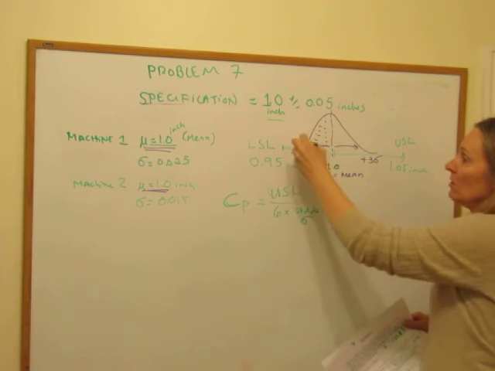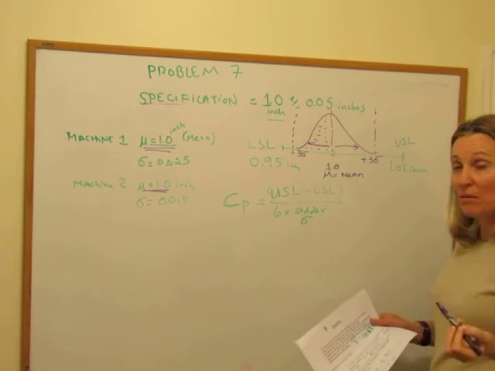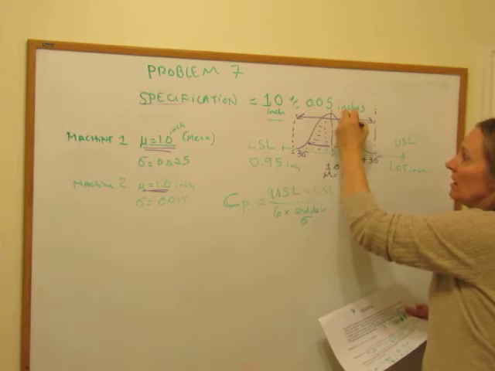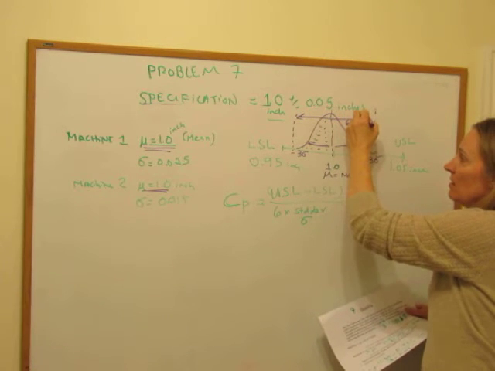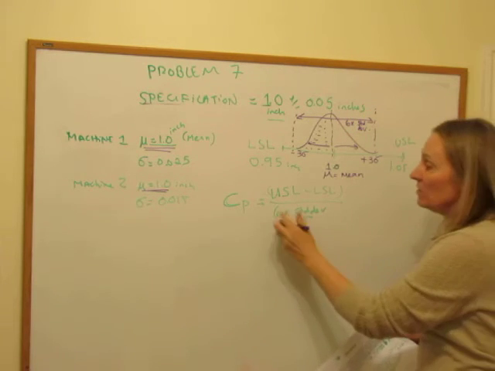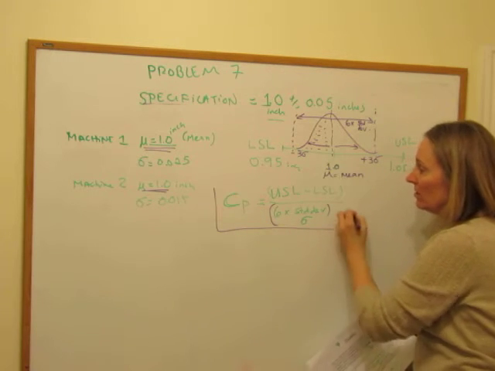So nearly 100% of the parts made by this process will fall within an interval that is 6 times that standard deviation of the process. That is what is the denominator of our equation here.